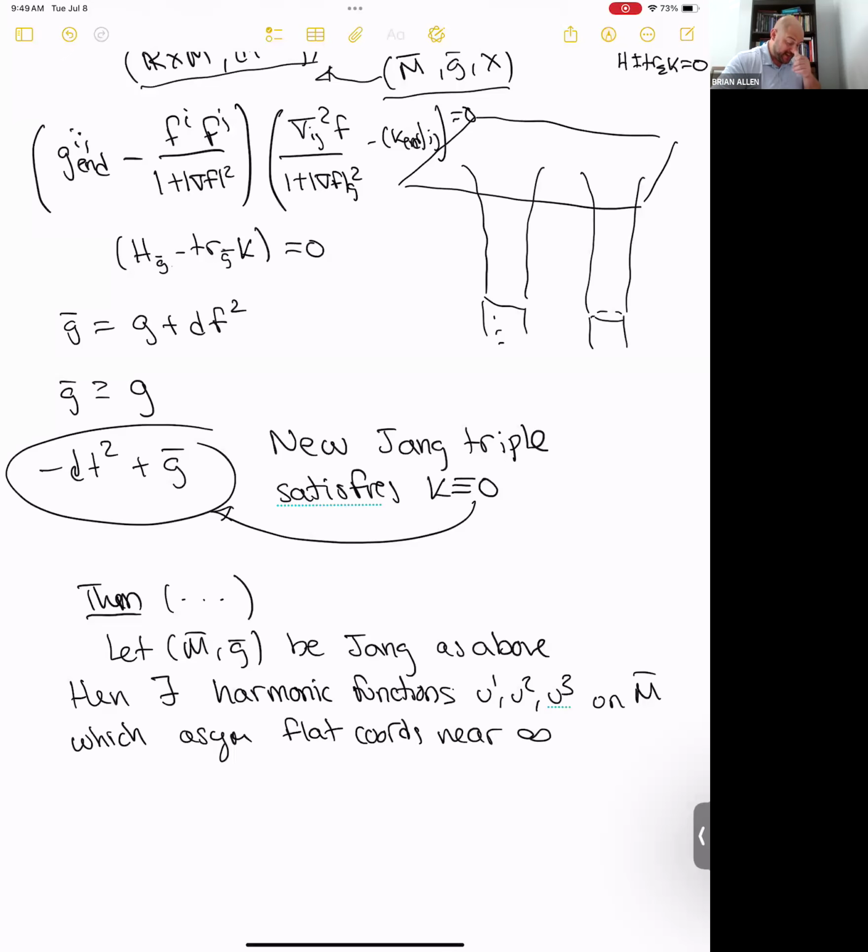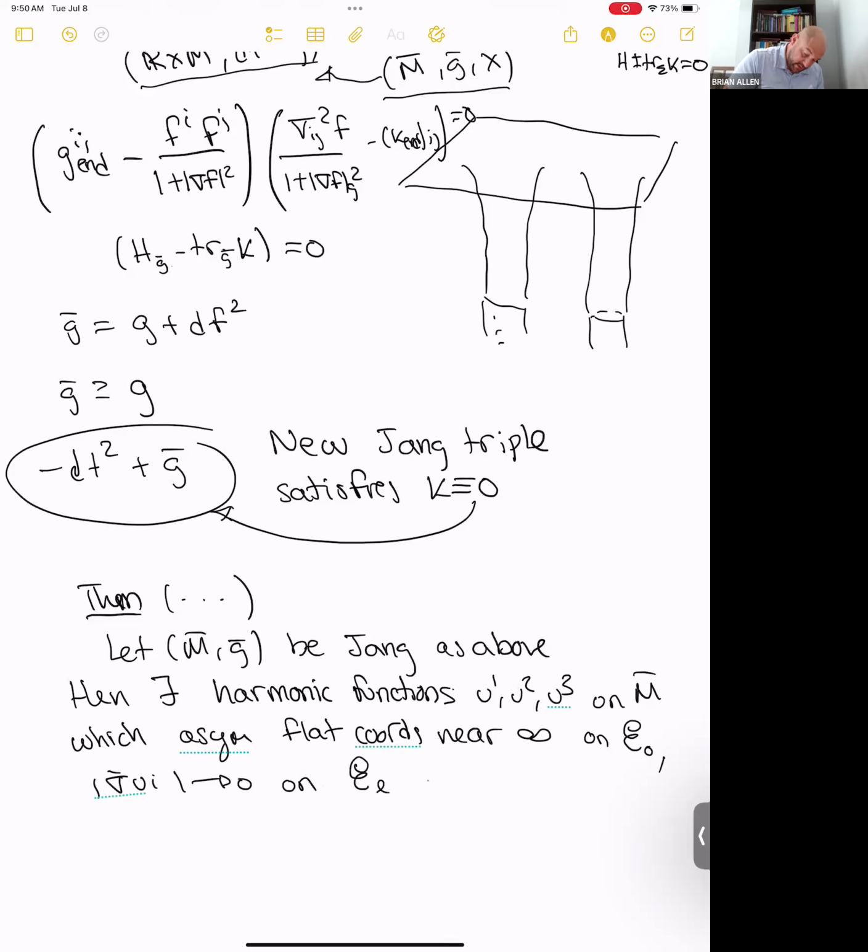To be clear, they're not coordinates everywhere, but they are asymptotically flat coordinates on the asymptotically flat end, near infinity. And the gradient of each of these will go to 0 on each asymptotically cylindrical end.